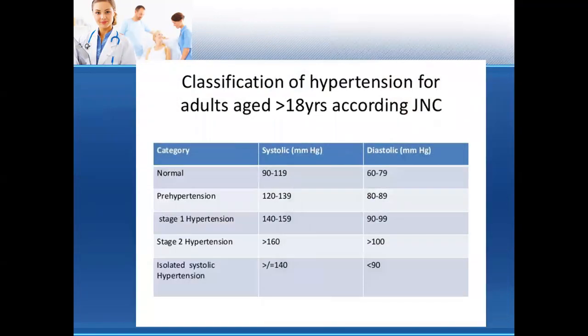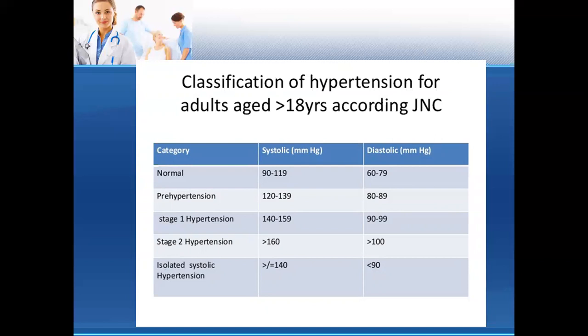Now let's go to the classification of hypertension. First of all, the normal, then pre-hypertension, stage 1 hypertension, stage 2 hypertension, and also isolated.